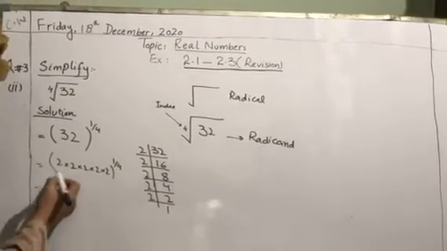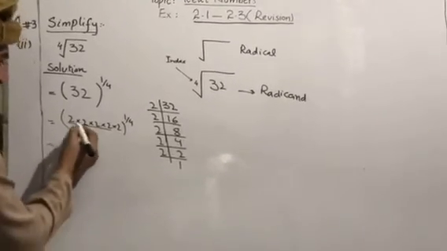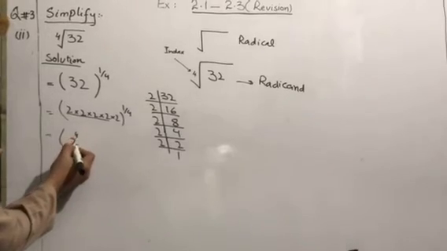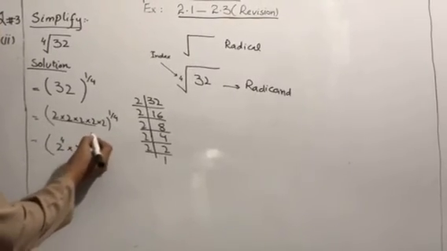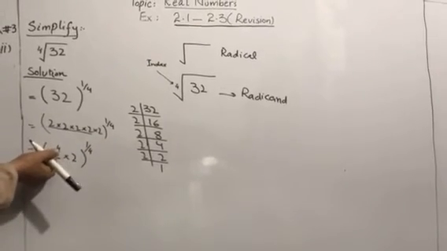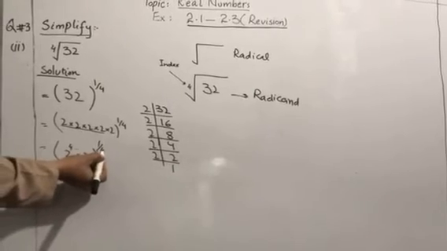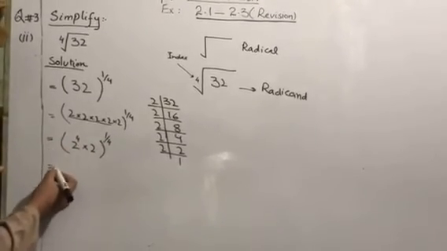So we will make 2 four times. We can write that as 2 raised to power 4, then multiply by 2, and write the exponent 1 over 4. We make 2 to the power 4 because the exponent can easily cancel out the exponent of the base 2.